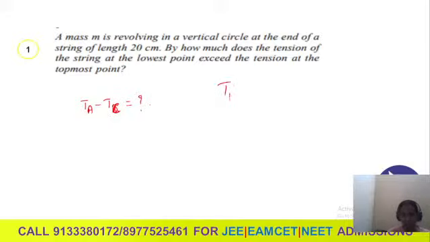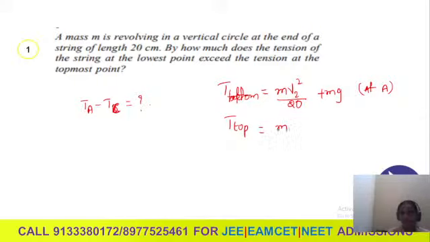So tension at A, at the bottom of the circle, is equal to m V2 square by the length, 20 centimeters, plus mg. This is the tension at the bottom, at A. Next, tension at the top.